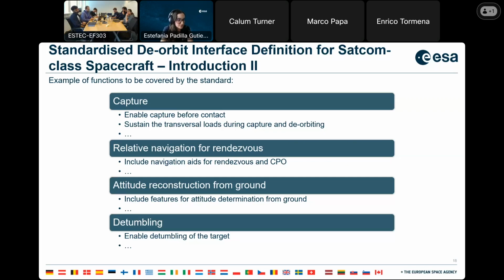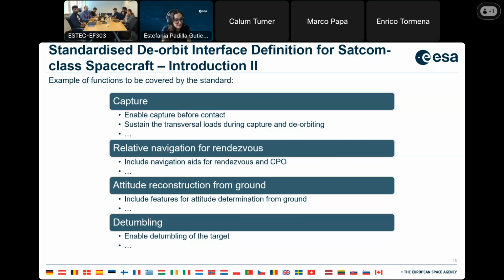And it's really important because when we have a target that is non-cooperative and we don't have any control over it, we need to know what is the attitude, what is the spin rate of the target before sending a servicer there to catch it.